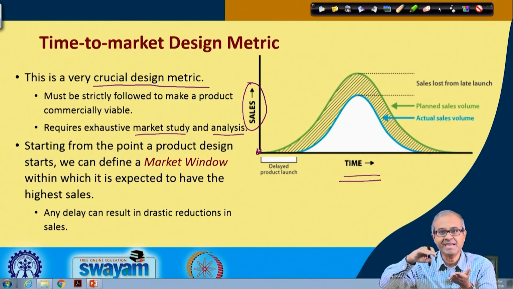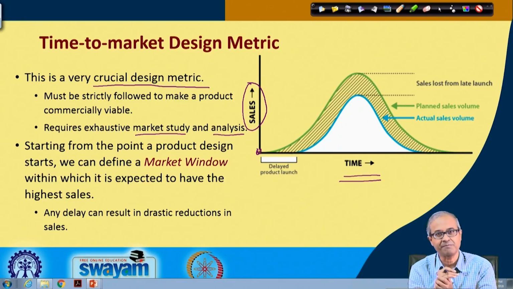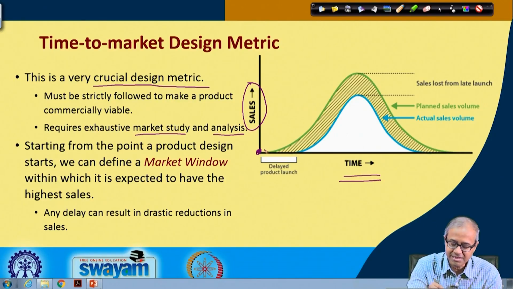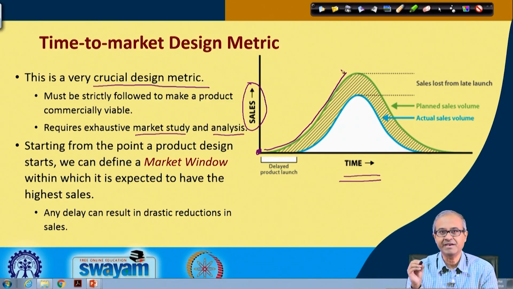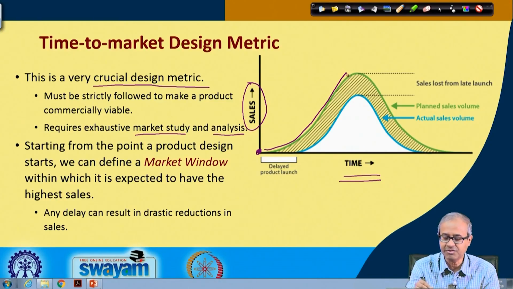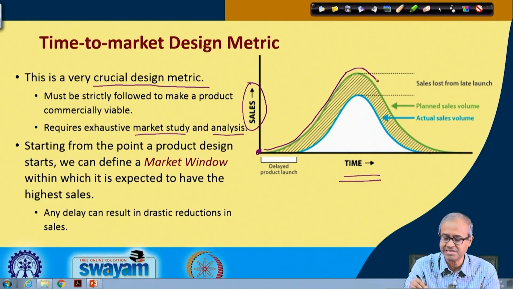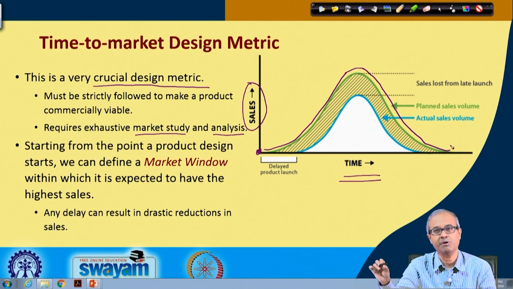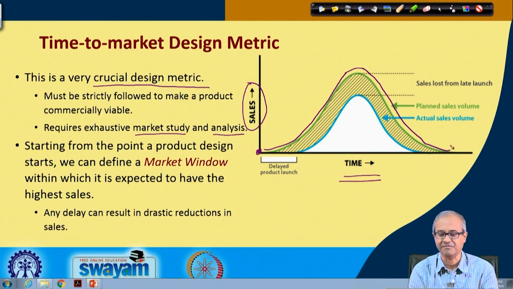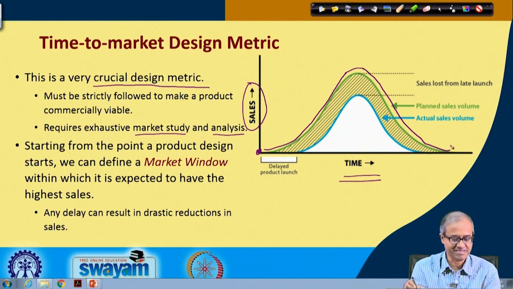So, the sale increases slowly over time, like this green line. There will be a point where the sale saturates, and beyond that point the sale starts dropping, until the product becomes obsolete and no one is buying it anymore. This is a typical curve, sales versus time.